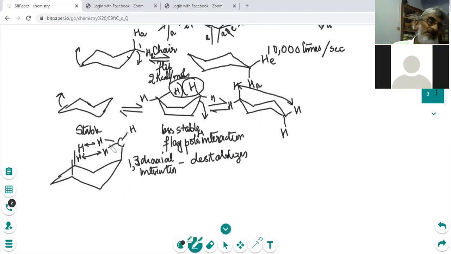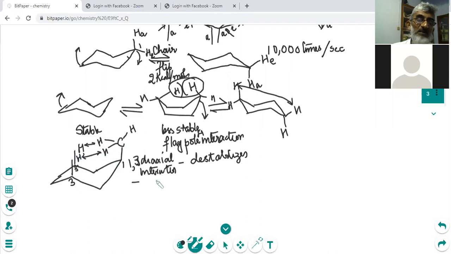Axial groups, if you put substituents in the axial position, will interact with the substituents on the third carbons. If you put it here, 1, 2, 3, 1, 2, 3, they will have steric interaction between each other, and that will destabilize the molecule.